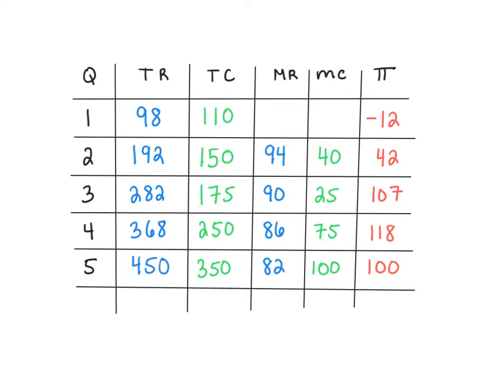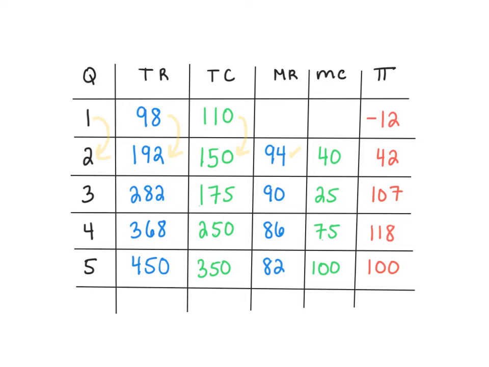Here we see that when output goes up by 1 from 1 to 2, total revenue increases by $94. Selling the second unit adds $94 to the firm's total revenue. But in selling the second unit, total cost also increases from $110 to $150.